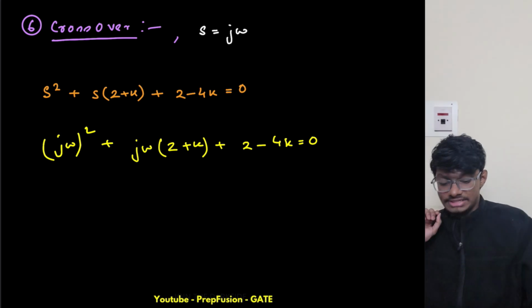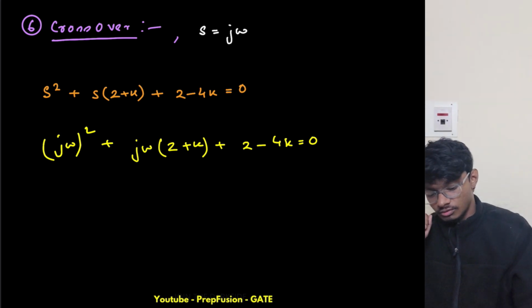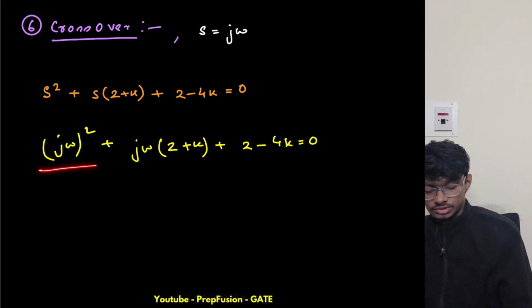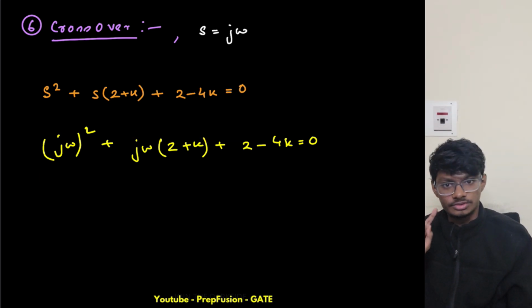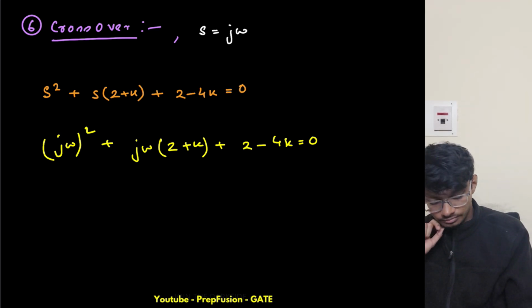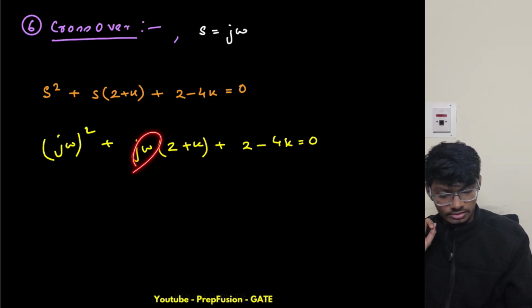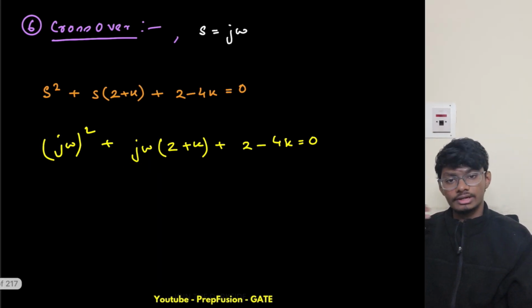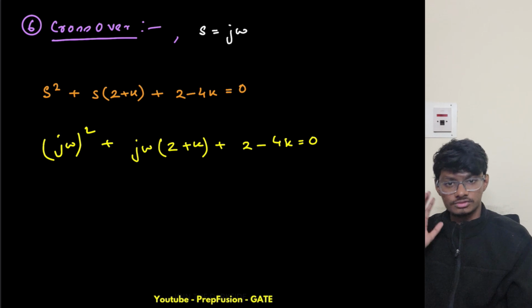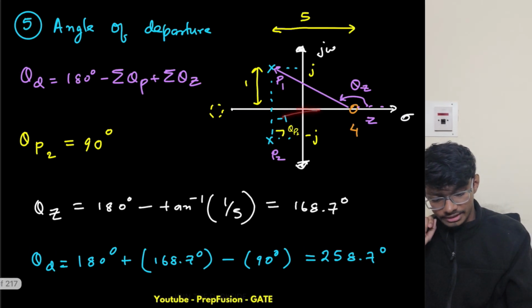Now firstly we'll solve this one, then I will go to this one. If I solve this one, obviously the imaginary component should be 0. Now if the imaginary component is 0, either this can go to 0 or this can go to 0. In general, we used to reject the solution omega equals 0, but here we have to keep it. Why? Because it is crossing at s equals 0.